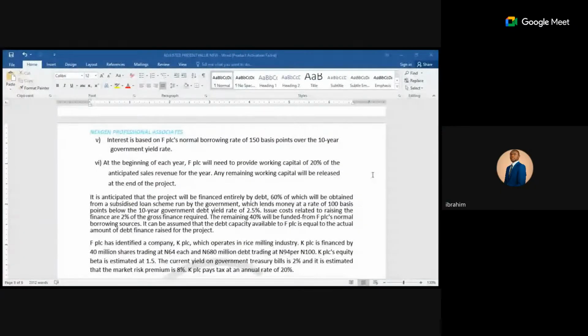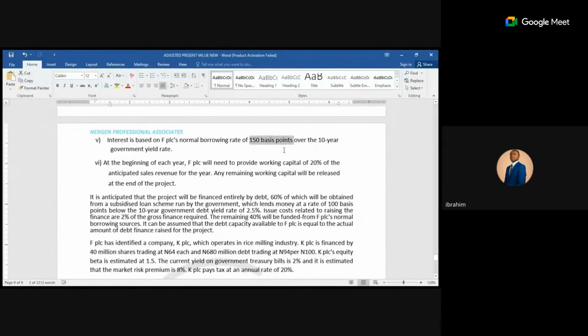Now, interest is based on FPLC normal borrowing rates of 150 basis points over the 10-year government yield rate. Class, I've explained this, that when you have 150 basis points, you have to convert it to a percentage. It means 150 basis points is 1.5%, 90 basis points means 0.9%, 30 basis points means 0.3%.